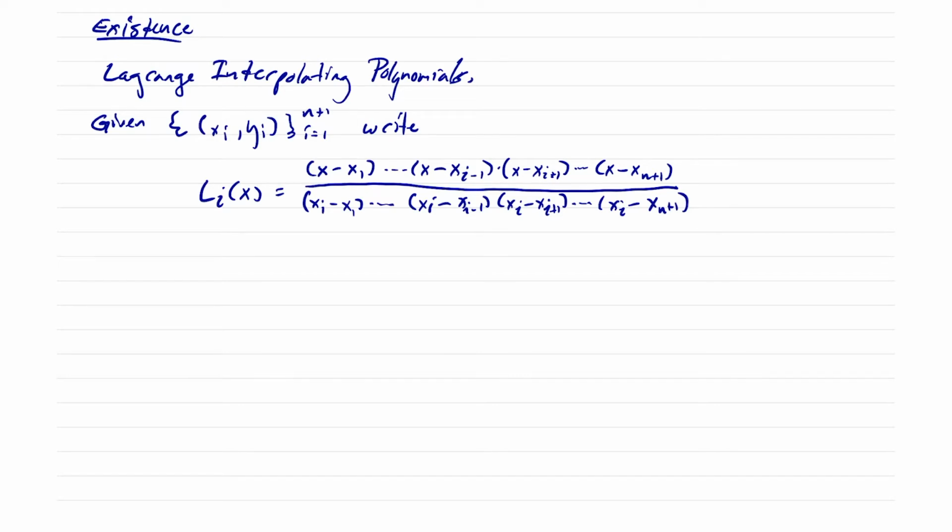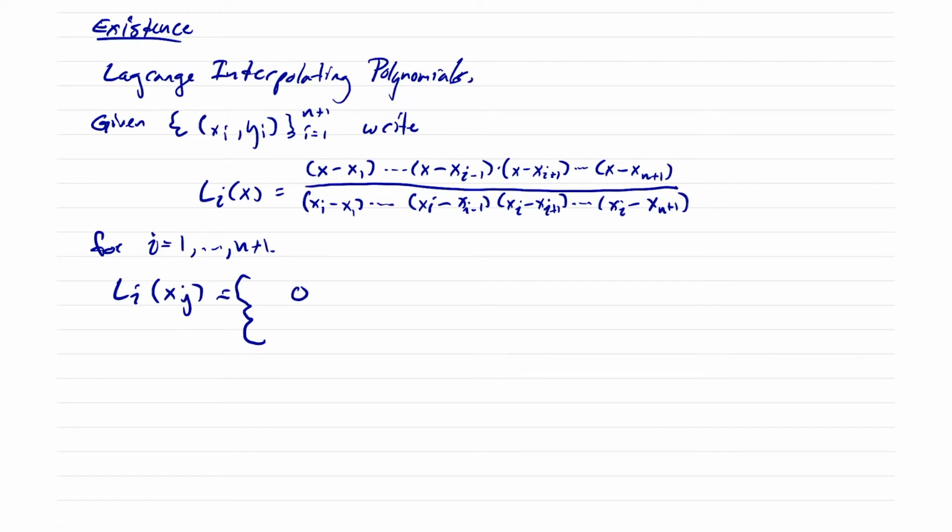Okay, so what's so special about this function? And this is going to be for i going from, say, 1 up to n plus 1. Well, if I plug in Li of, say, xj, if I plug in anything but xi, it's going to be one of these guys, and it's going to give us a 0.